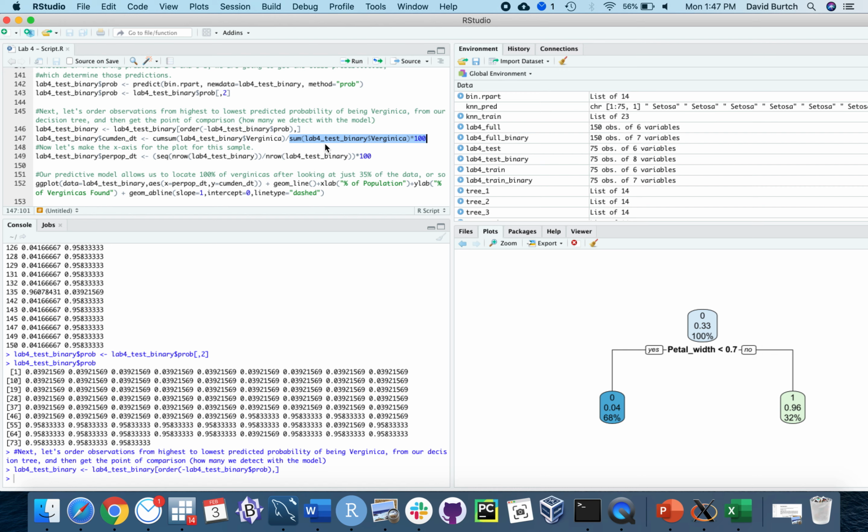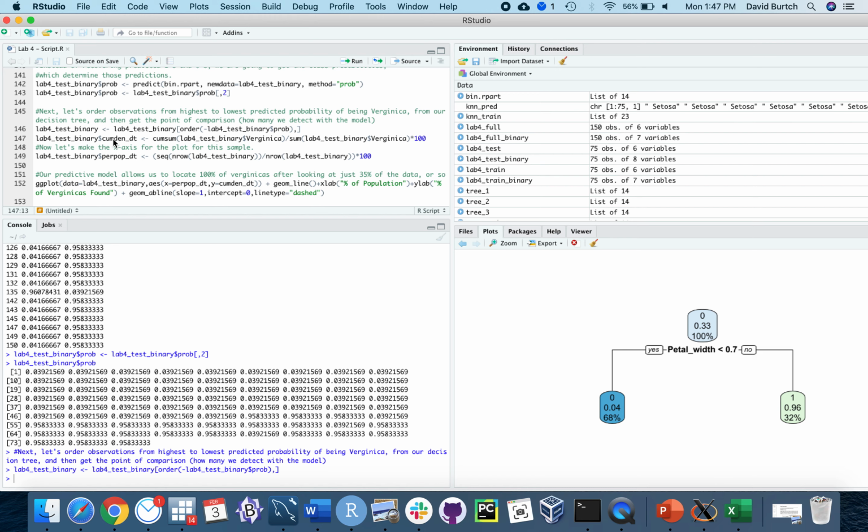So this result is essentially, at this point in the data set, assuming I'm sorting through from row number 1 on down to the 75th row, what proportion of all Virginicas have I found thus far? And I'm multiplying it by 100 so that it's not a decimal, right? I want it to be a percent, so instead of 0.5, I want it to be 50%.